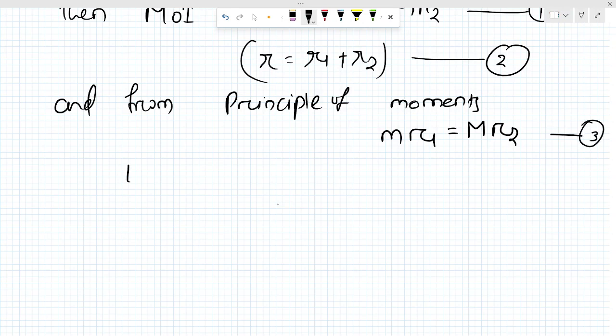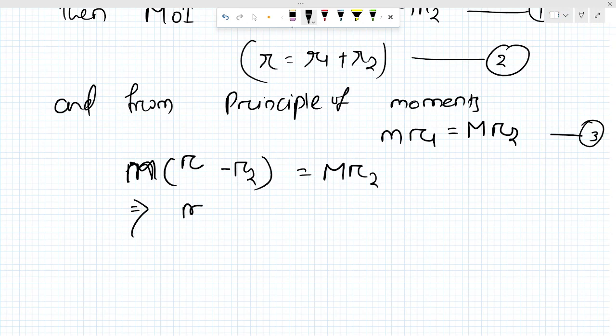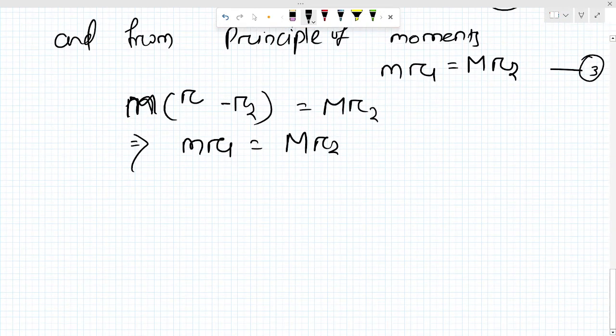So we can say that R minus r2 will be equal to capital M r2. Here you have to consider this is small m, so it will become m r1 equal to capital M into r2.